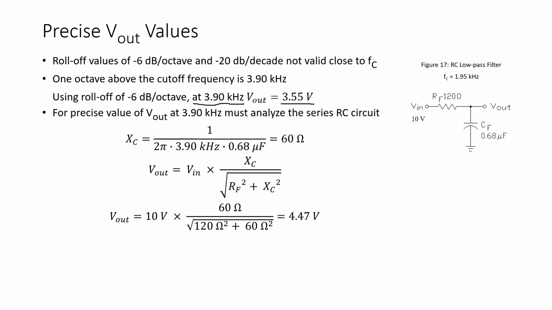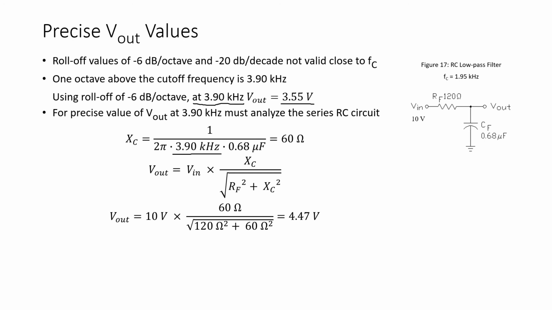But in order to obtain a precise value, we have to analyze the series RC circuit similar to our analysis method in previous sections looking at series RC circuits. So I have to calculate the value of X sub C at the frequency, which is again 1 octave above the cutoff frequency, and I obtain a value for X sub C of 60 ohms.